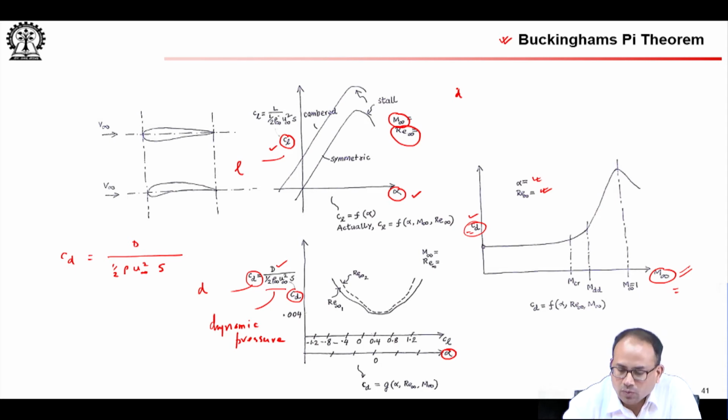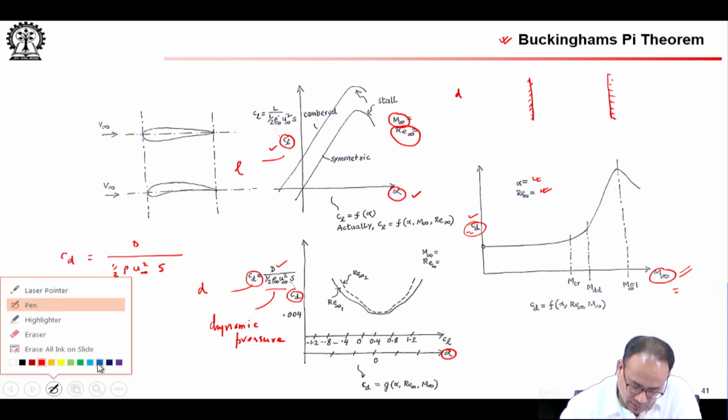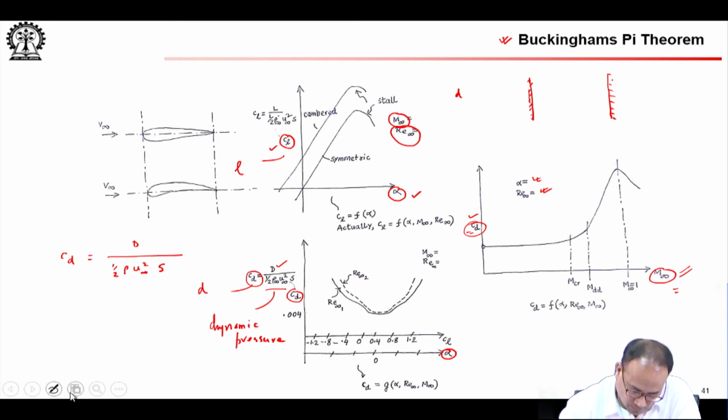Okay. So, what you do is, suppose this is your wind tunnel wall, this is the other wind tunnel wall. Of course, you have a small glass window to look at what is happening inside the wind tunnel. So, let us assume that this is your glass window.